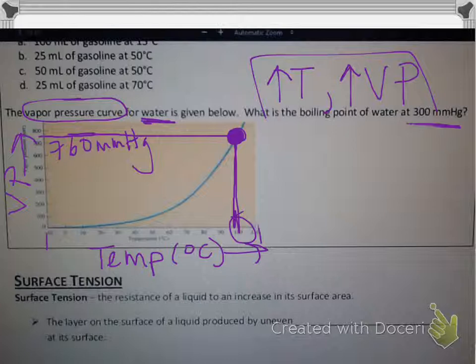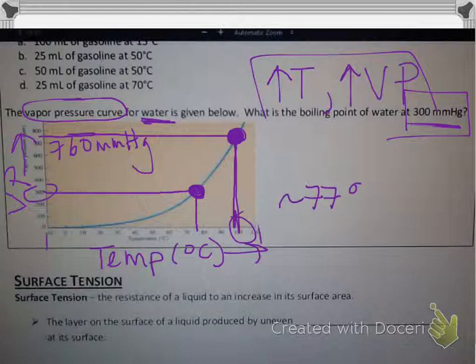So I say, okay, put this in a vacuum, get the atmospheric pressure down to 300 millimeters of mercury. Let's find that. So here's 300, and you come across, and at 300 millimeters of mercury, here's your point on that line, your vapor pressure curve for water. We're going to come down, and it looks about, I don't know, like 77 degrees Celsius.